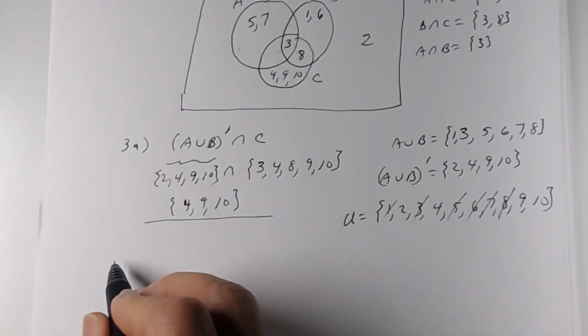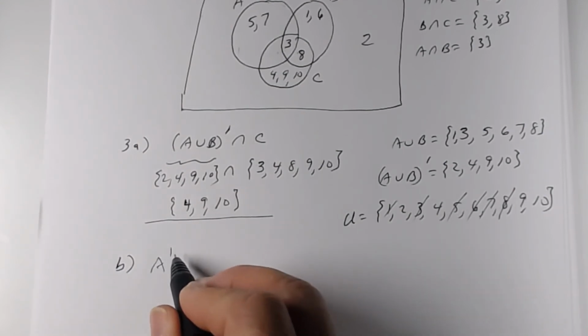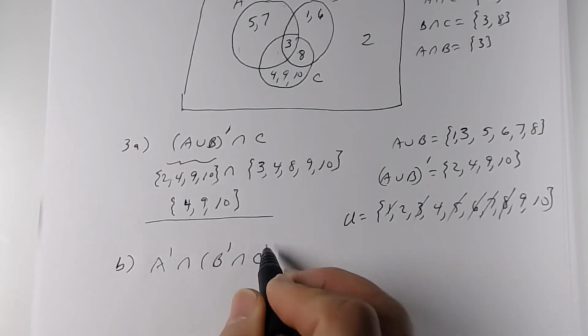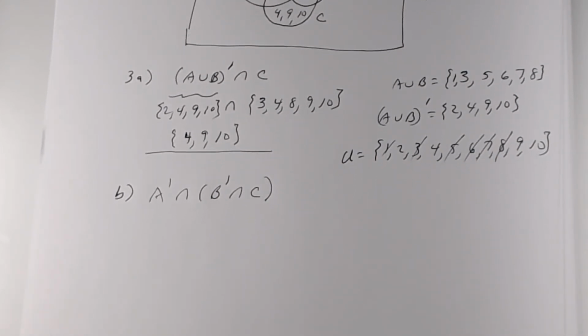And then finally 3B. You have A complement intersect (B complement intersect C). So let's do that in steps. What's the first thing you look for? The parentheses.